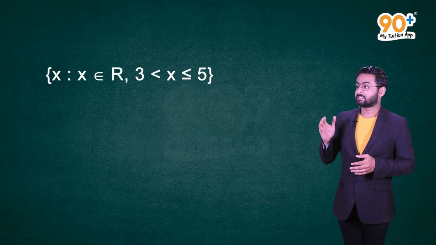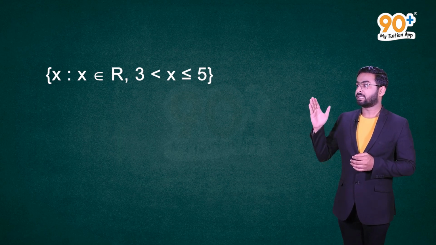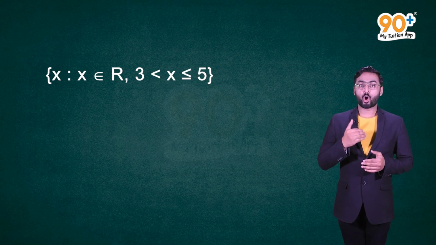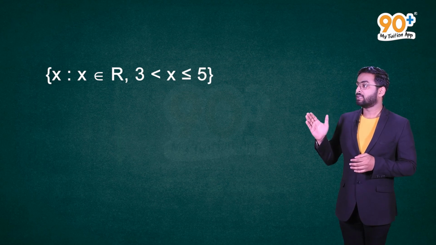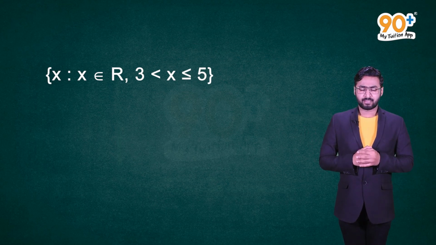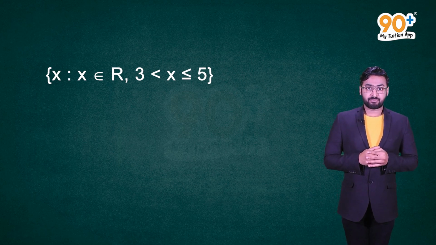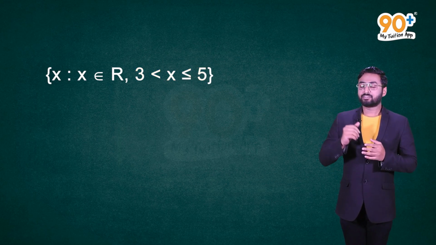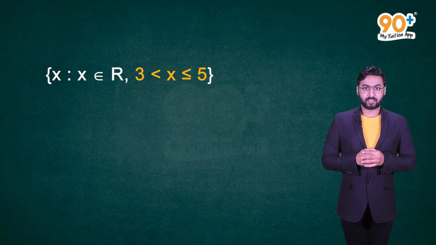Consider the set of all x such that x belongs to the set of all real numbers and 3 less than x and x less than or equal to 5. Here the condition given is x is greater than 3 and less than or equal to 5.